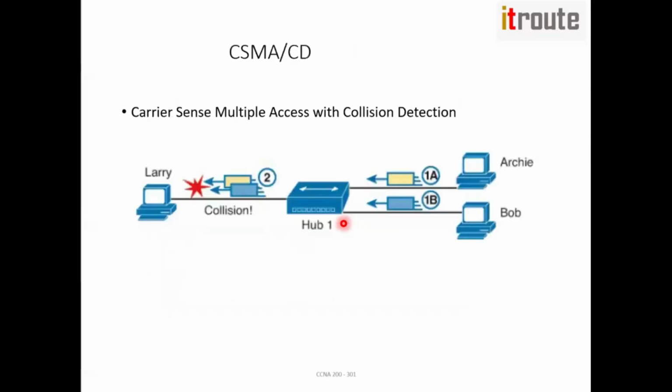Now, another technology related to this hub is called CSMA/CD, Carrier Sense Multiple Access with Collision Detection. Let's say we have Larry, and on this side we have Archie and Bob. If Archie and Bob want to send some information to Larry, this information may collide.